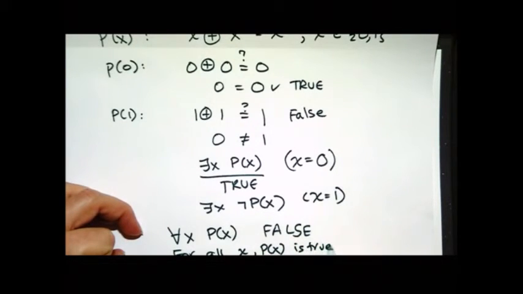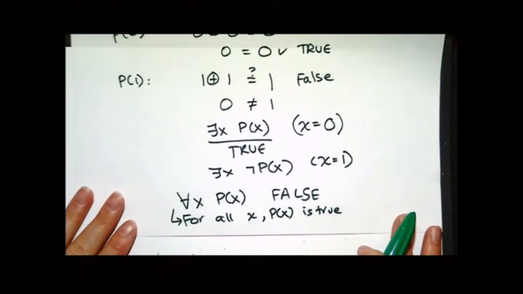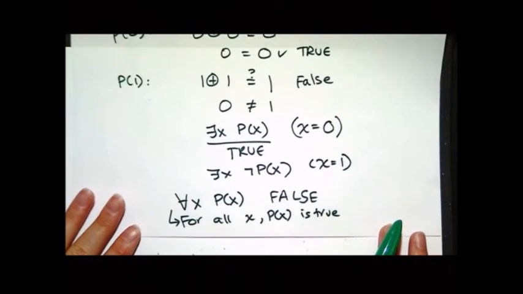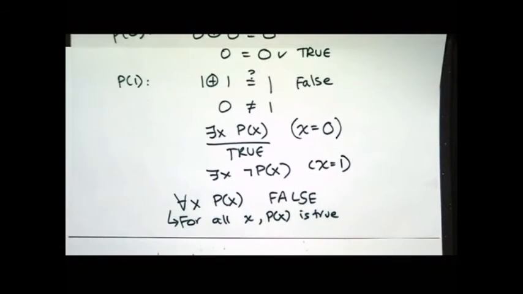That's how I read it. For all x, P of x is true. And this statement's actually false in this case. So this particular P of x, where x exclusive OR x is equal to x, for all x, P of x is false.